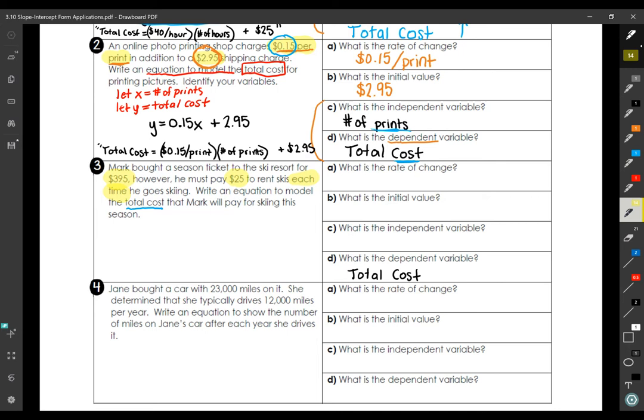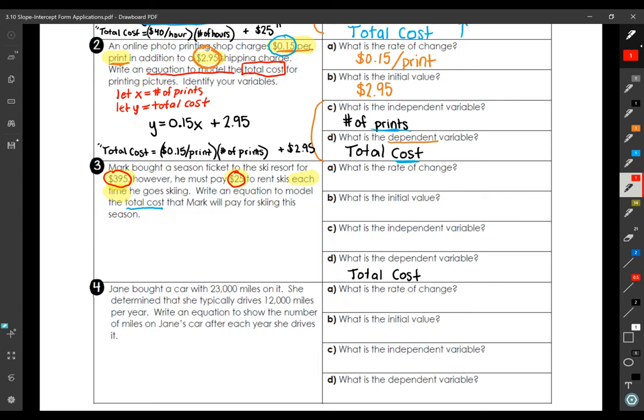So what will affect the total cost, right? Well, isn't it the number of times he goes skiing? Because this doesn't change, right? That's it. But $25 happens each time he goes skiing. So if he goes skiing a lot, his price will be higher.